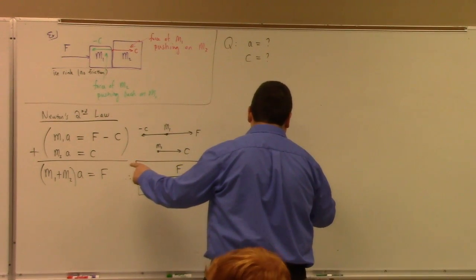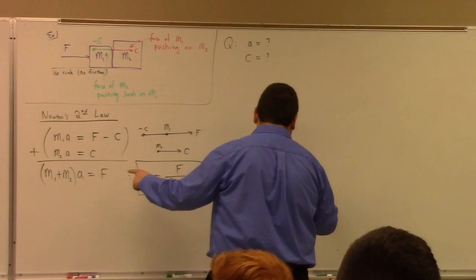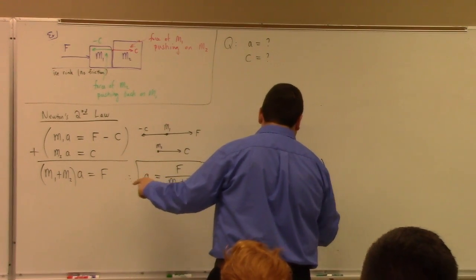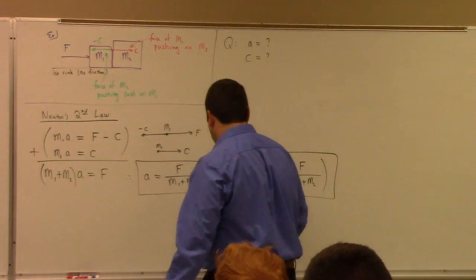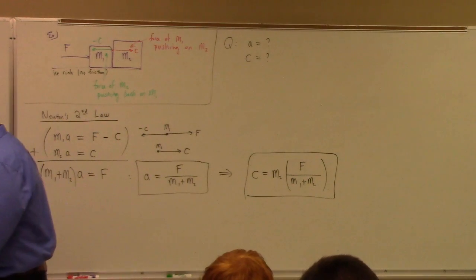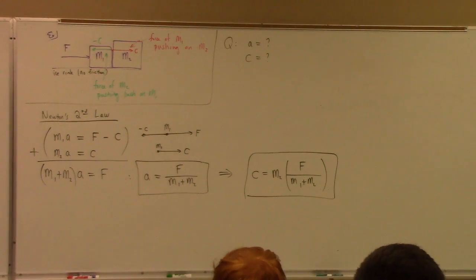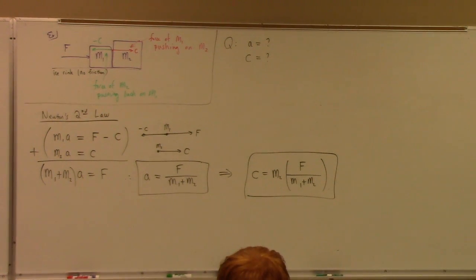M2 times F divided by M1 plus M2. As a quick check, what happens when M1 and M2 are equal? Yeah, the contact force is a half of F, right?